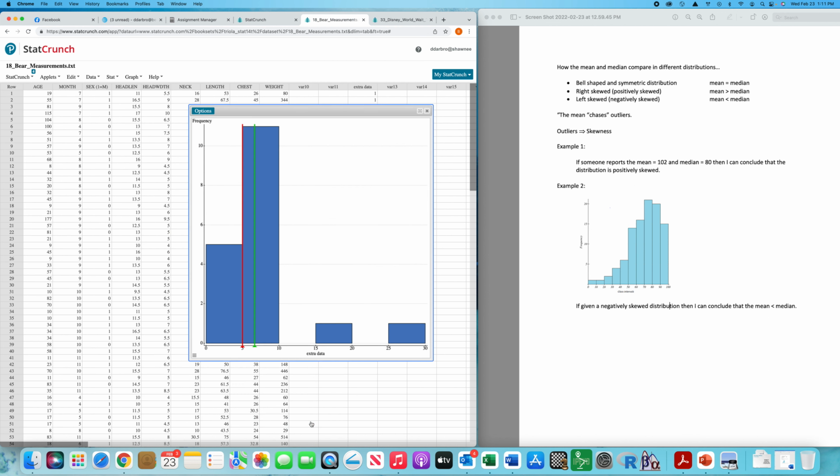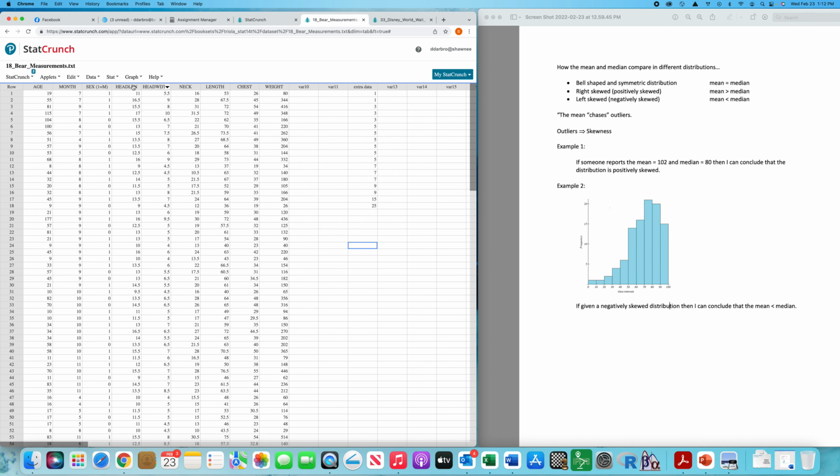And what happened? That nice bell-shaped and symmetric distribution became positively skewed because of the outliers. And notice that the green line, which is the mean, became 6.67. In the presence of outliers, the median didn't change. That's why I make the first comment that the mean chases the outliers.